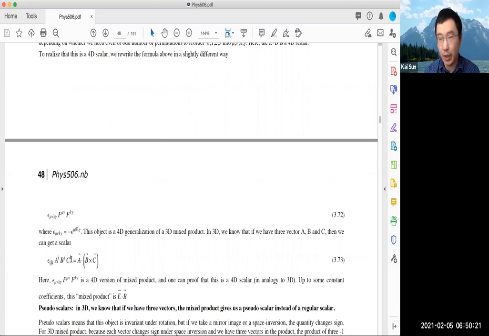That's why three vectors can define a mixed product and get a scalar in 3D. In 4D, the Levi-Civita symbol has four indices, so we need four indices to match it. To get four indices, we need two rank 2 tensors. Each rank 2 tensor gives me two indices, and two of them give me four. That gives me a perfect match. So this is the 4D version of the mixed product.